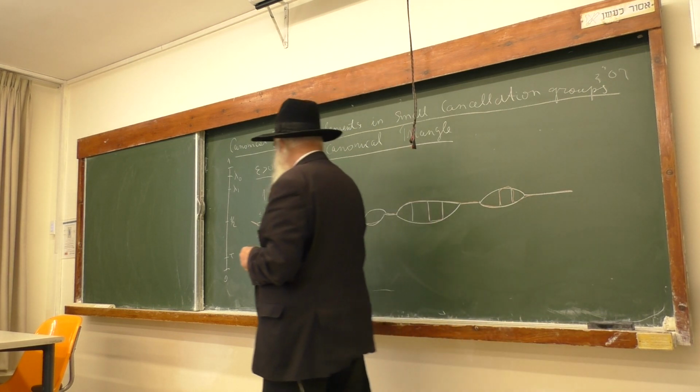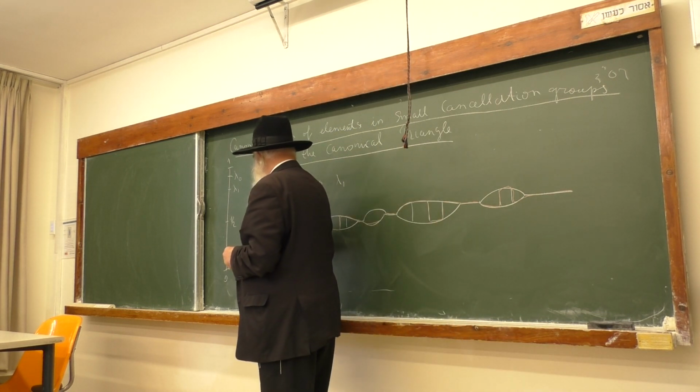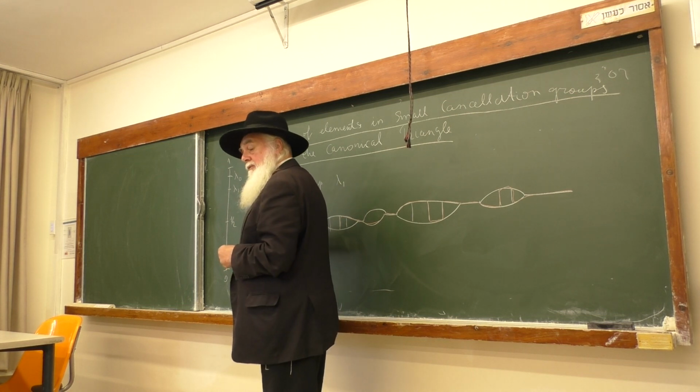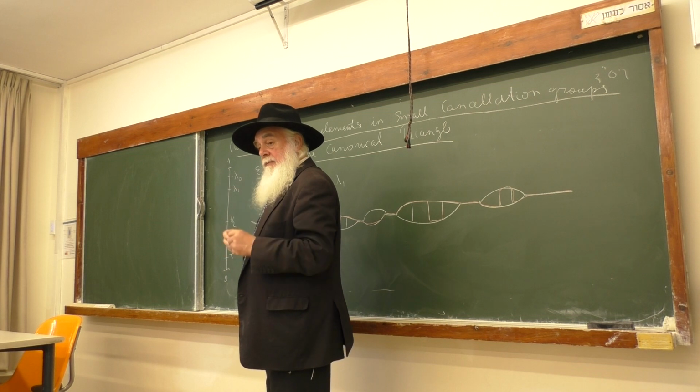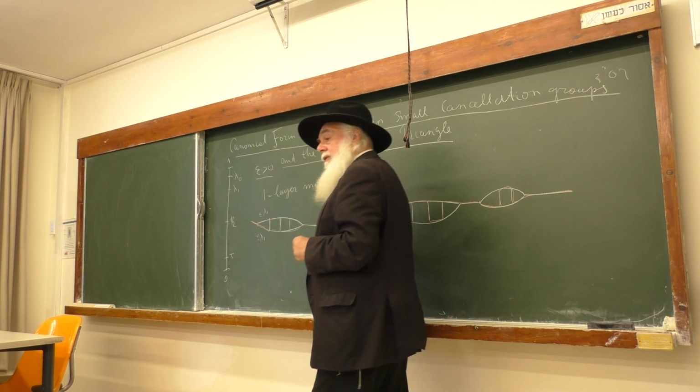I mean, if it switches sides, then this and this and this together will be no bigger than lambda 1, the measure will be lambda 1, and for all of them.